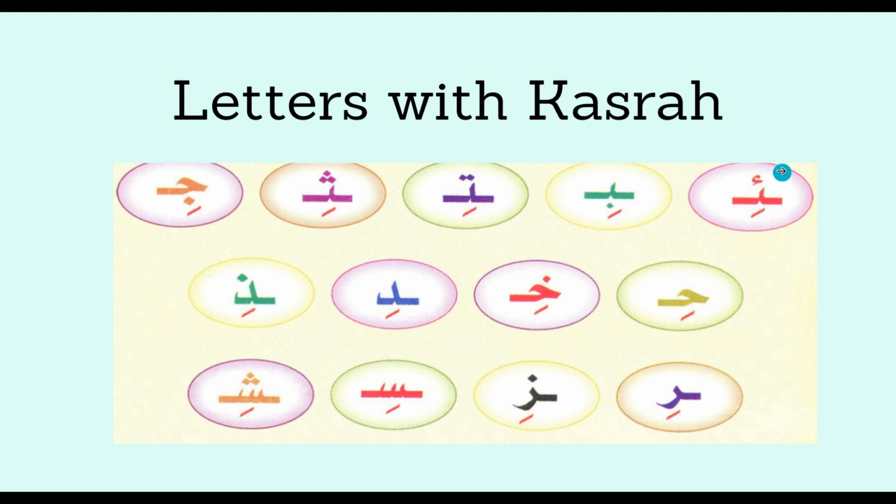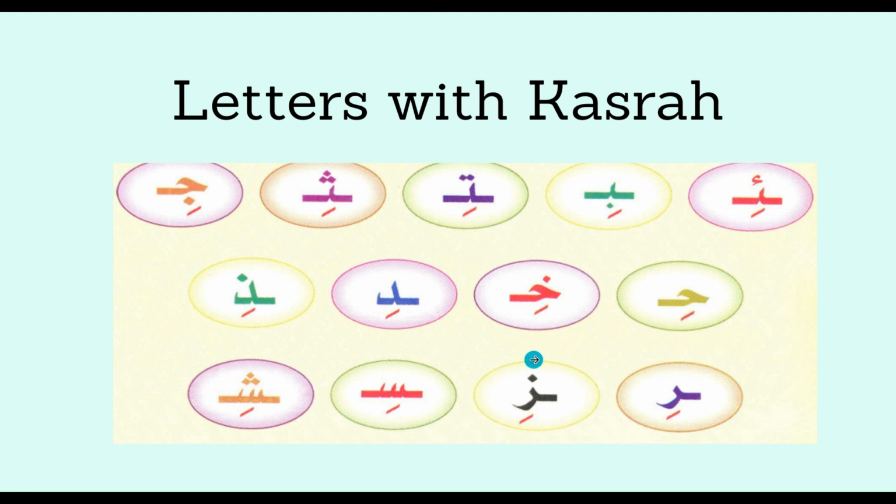For example, this is Hamza, and Hamza with fatha, if you remember, was A. So Hamza with kasra is E. Ba with kasra, Bi. Ta with kasra, Ti. Tha with kasra, Thi. Ji. Hi. Khi. Di. Thi.